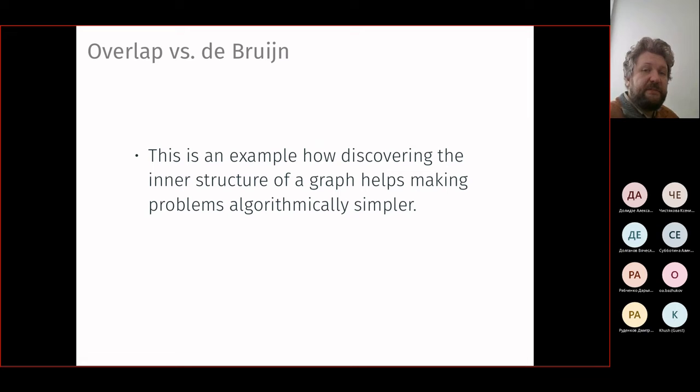And this is an example that discovering the inner structure of a graph helps make the algorithmic problem simple. So the global problem of finding a Hamiltonian cycle is a hard problem. Or Hamiltonian path, sorry, it's not a cyclic structure.